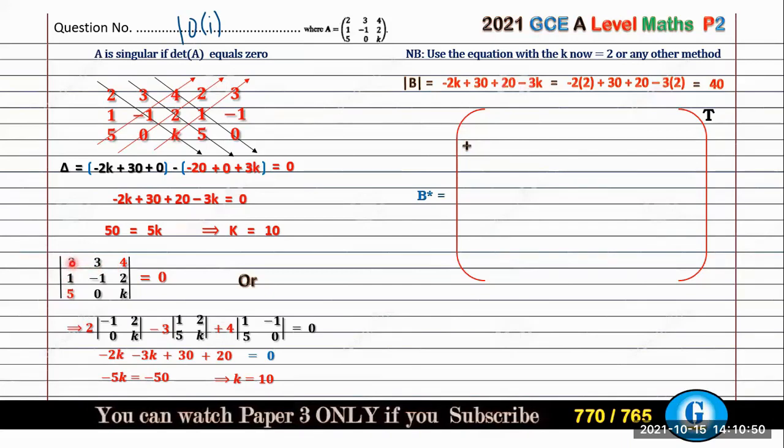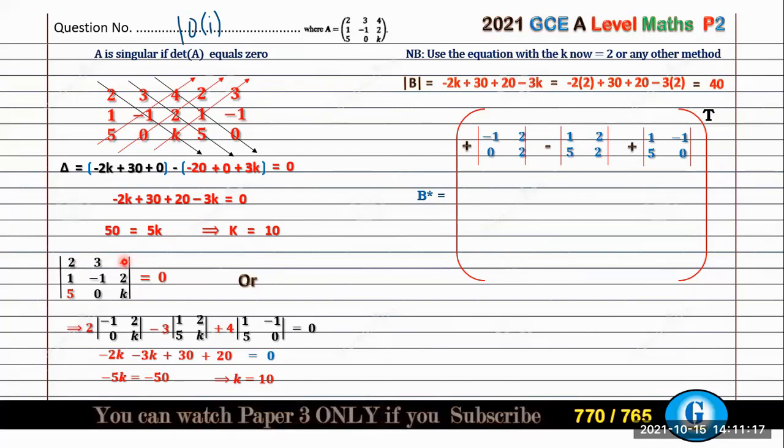So we have minus 1, 2, 0, 2, because our k is 2. The next cofactor, this position should be negative. The signs alternate. So we suppress this row and column. We have 1, 2, 5, 2. The next cofactor is here at 4. It's now positive. We suppress the row and column. We have 1, minus 1, 5, 0.